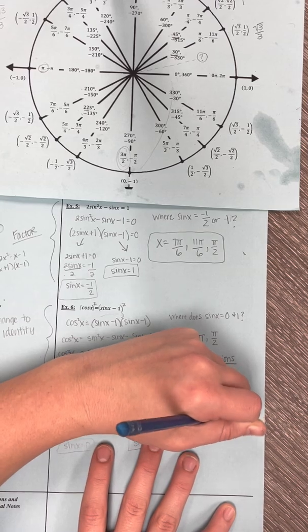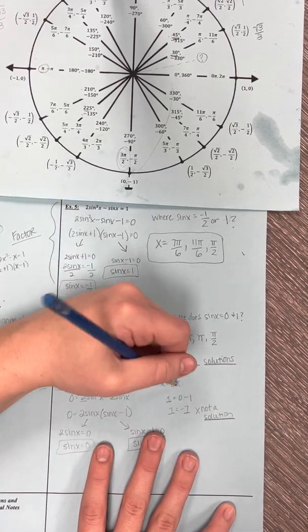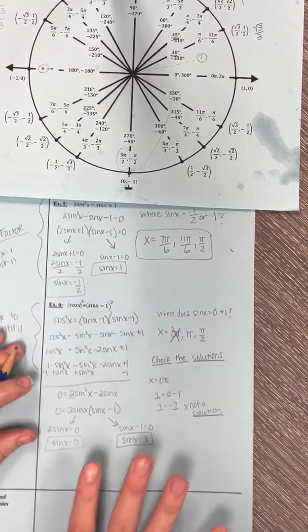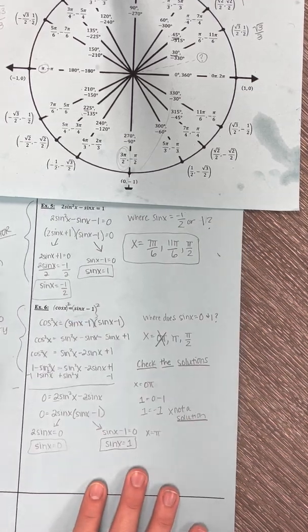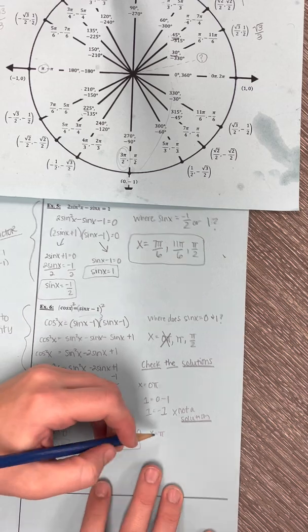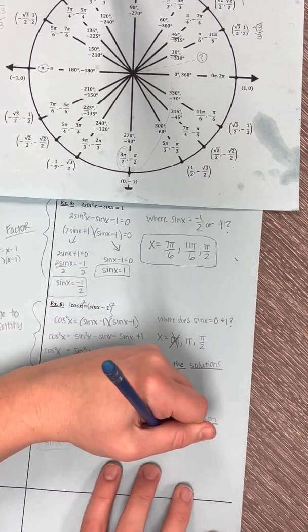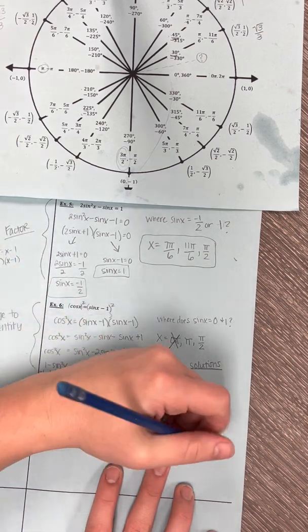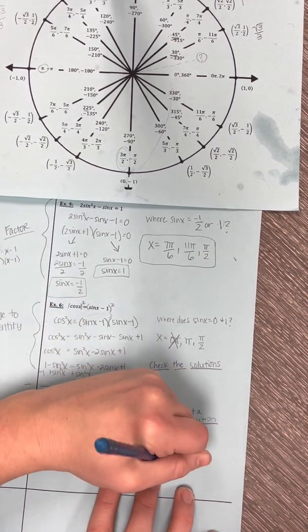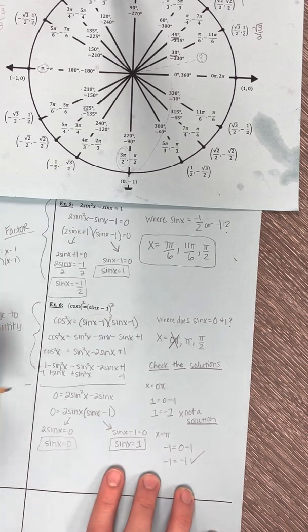That is false, therefore not a solution. All right, we have where x is equal to pi. That means cosine at pi is -1 is equal to sine pi, which is 0 minus 1. And that means that -1 is equal to -1, and that is true.